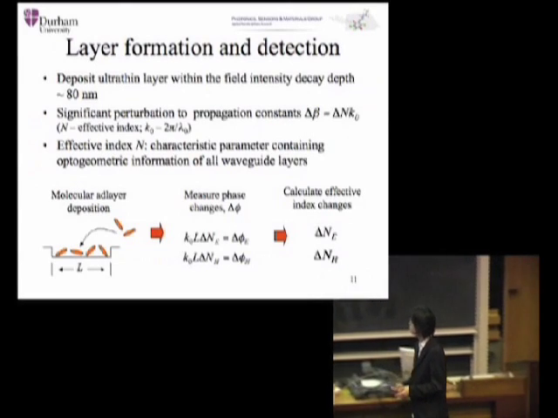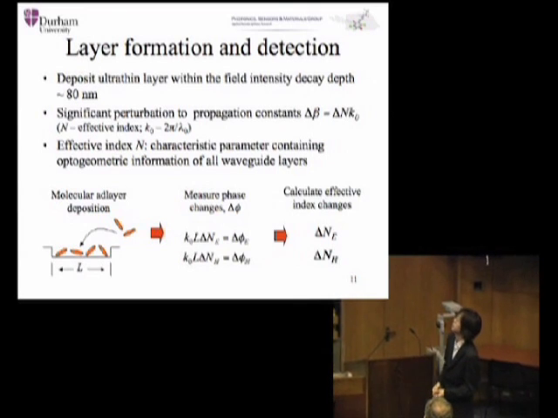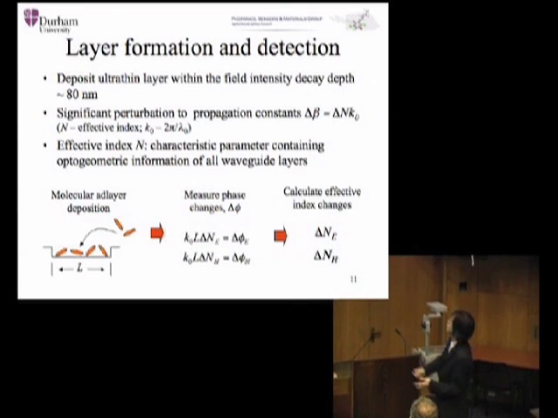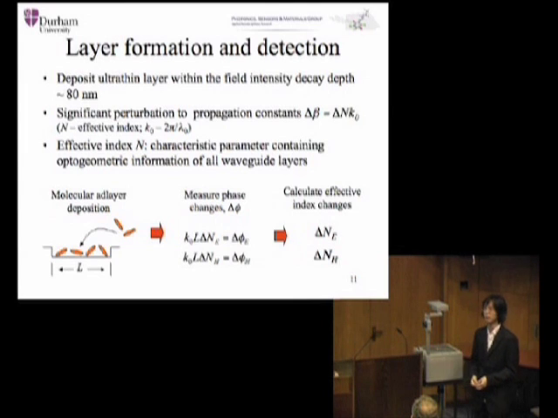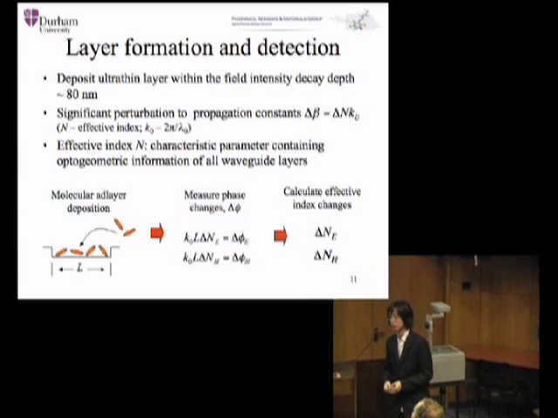So when you deposit molecules on this interface by forming ultra thin layers with thickness smaller than this field intensity decay depth, roughly about 8 nanometers, you're actually going to give a significant perturbation to this propagation constant. I'm going to introduce a new term here, which is called the effective index, N here.